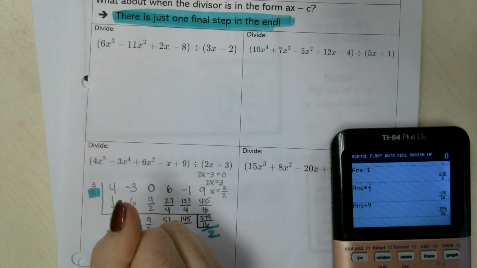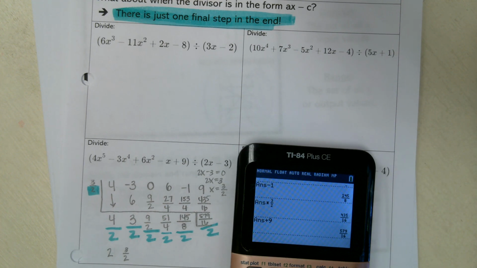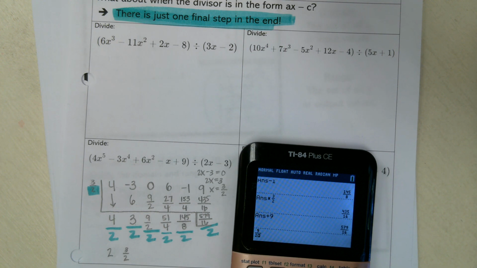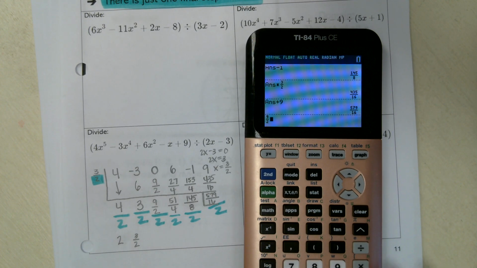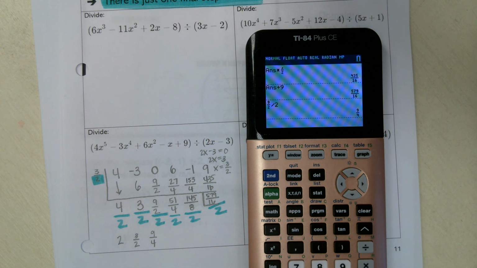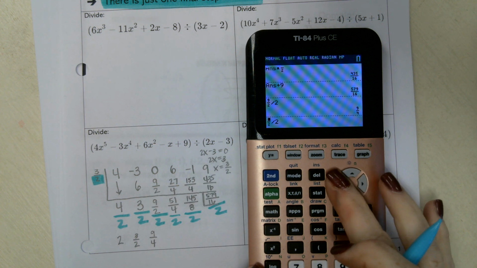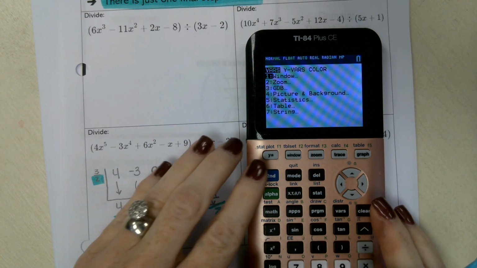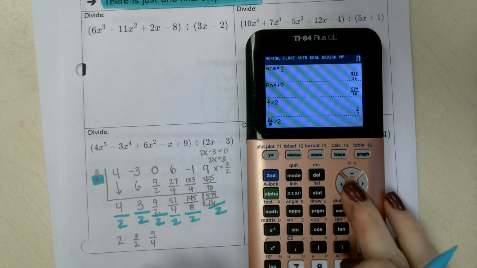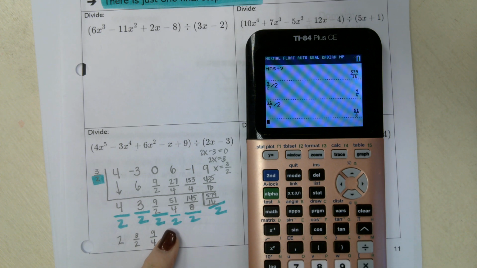Are y'all okay if I just leave that alone? Okay? Then I have 9 over 2, and I am dividing that fraction by 2. That gives me 9 over 4. Then I have 51 over 4 divided by 2.